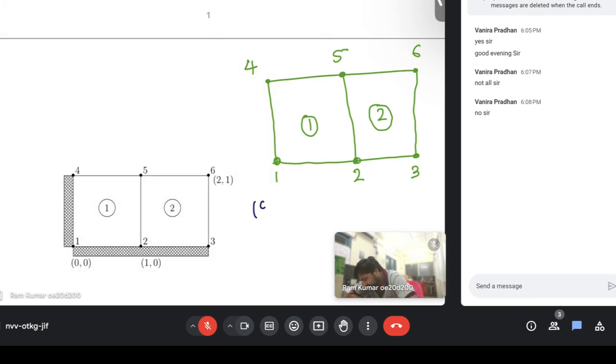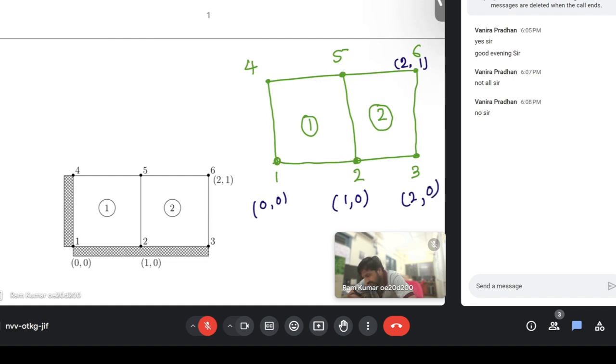having coordinates 0, 0, node 2 at 1, 0, then node 6 having 2, 1, then node 3 will be 2, 0.